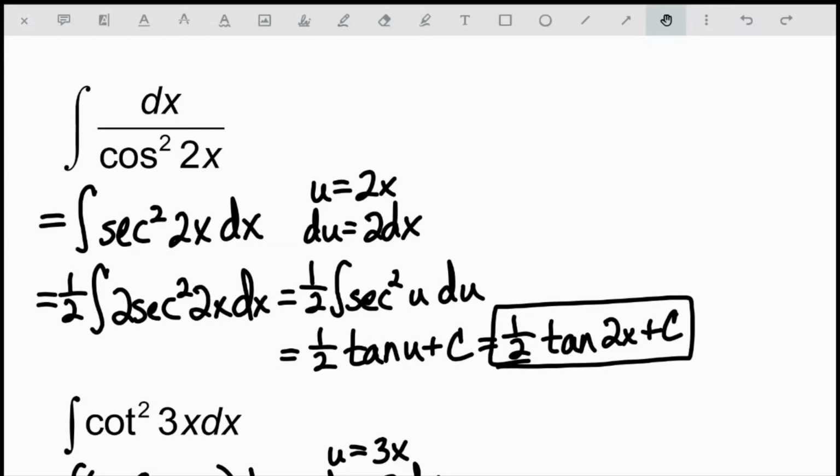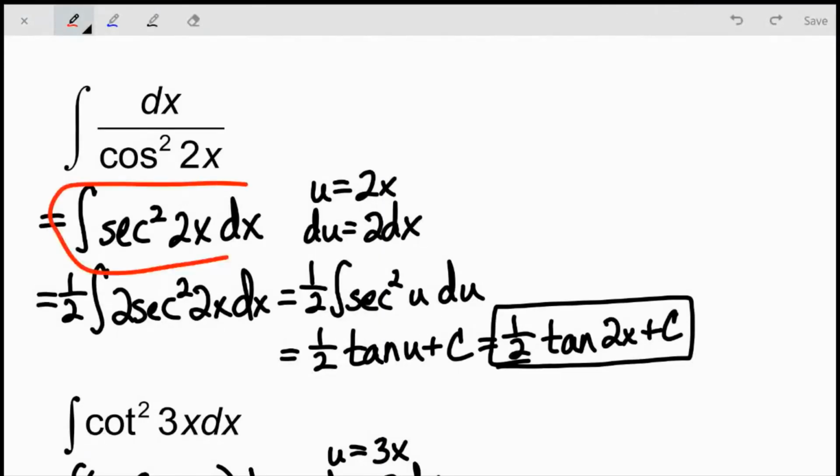But the easiest thing to do is to just rewrite this as a secant squared. So once you recognize that it's a secant squared, this is actually really simple because I do know an antiderivative for secant squared. You may be even able to do this at this point without even doing a u substitution. But if you do the u substitution, your u would be 2x, your du is 2dx.